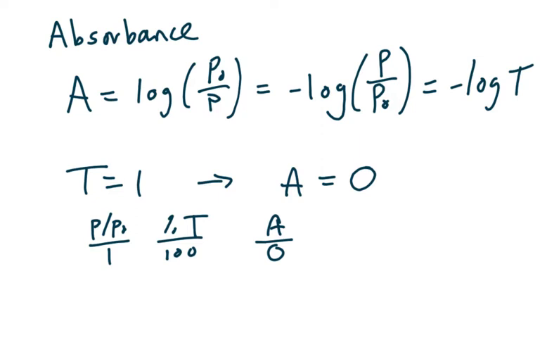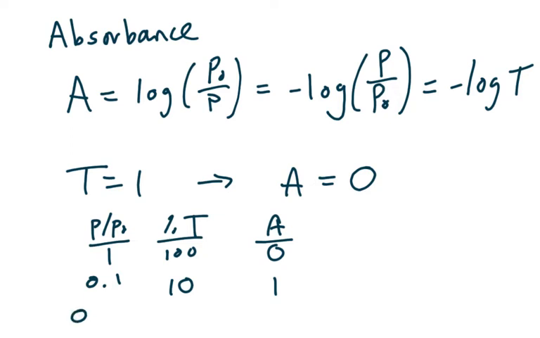So what does an absorbance of 1 mean? Well, it doesn't mean that all of the light is absorbed, right? If T is only 10%, then the absorbance would be equal to 1, right? So if P over P naught is 0.1, absorbance is equal to 1.